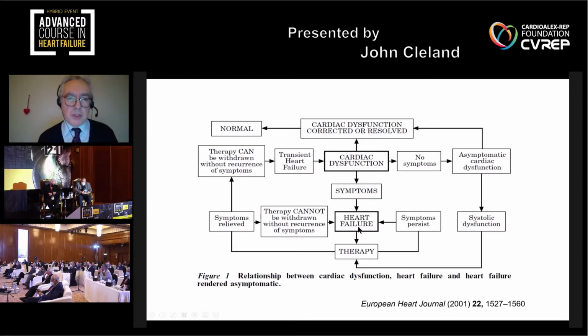If you could abolish symptoms and withdraw symptomatic therapy, then the patient had the possibility of a condition we might call transient heart failure, moving back to cardiac dysfunction. If they have dysfunction with symptoms, then heart failure.